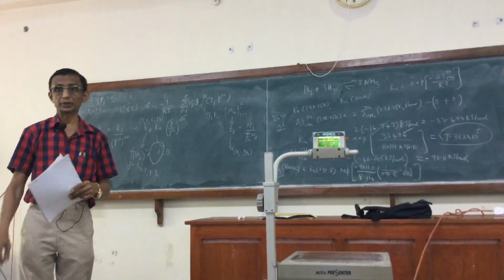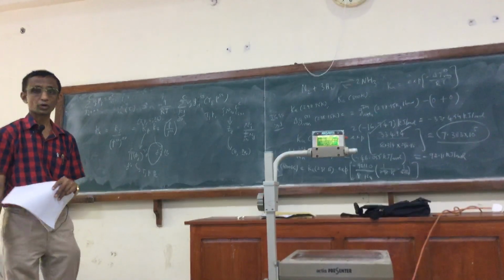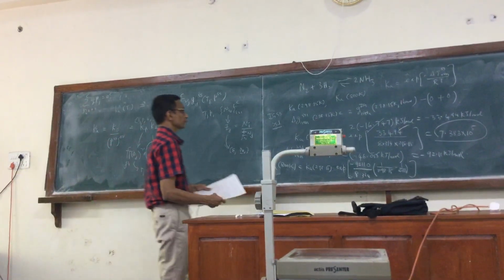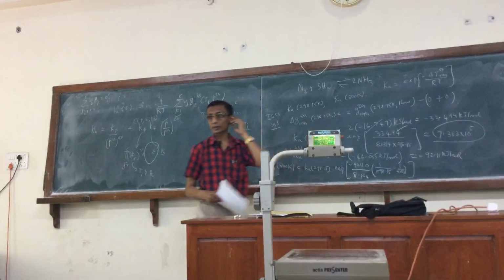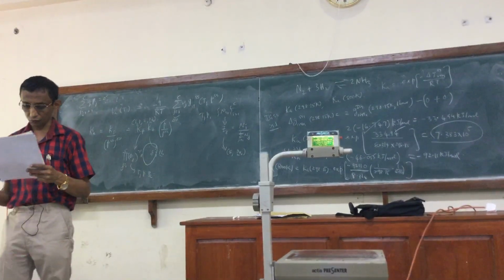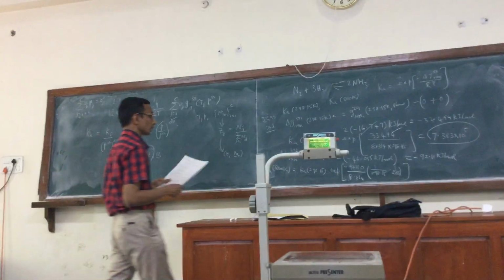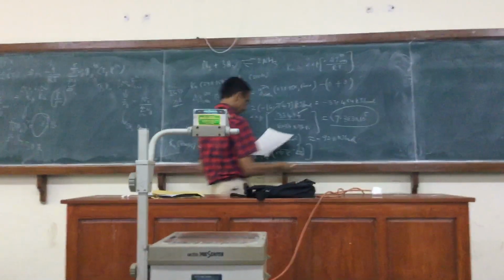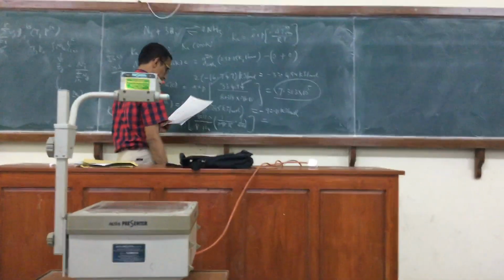That is the value from the table. The stoichiometric coefficient is 2, so I just have that. It is the same thing with the enthalpy of formation of ammonia. And so then the answer I am getting here, you can easily calculate it.